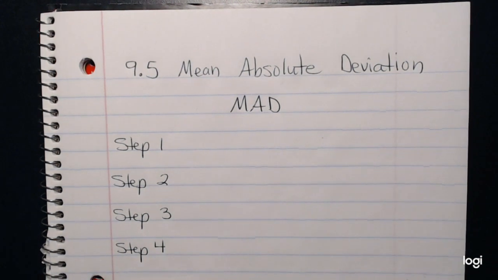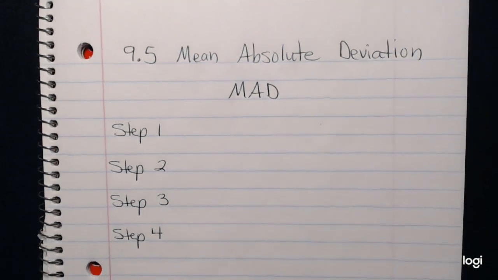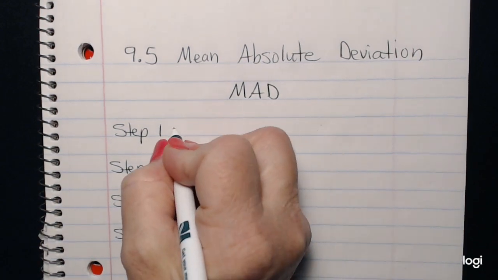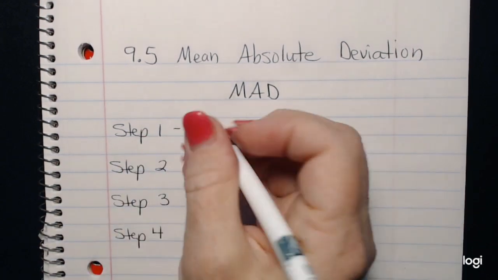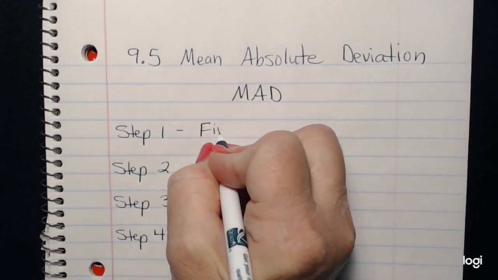All right, and there's going to be 4 steps that we're going to write in our notes that help us find the mean absolute deviation. Obviously, we're going to need a calculator to add. We're going to actually find the mean twice. So step 1, let's go ahead and write what step 1 is. Step 1 is to find the mean of the data.